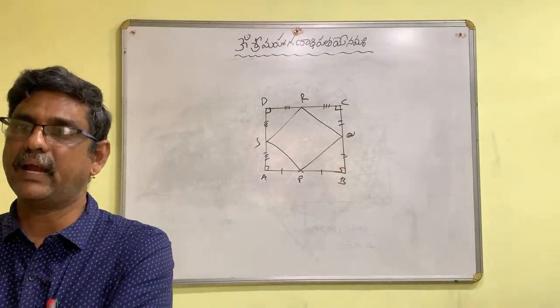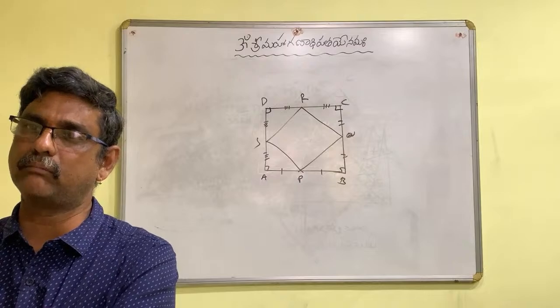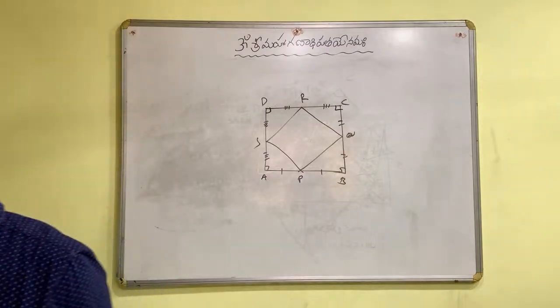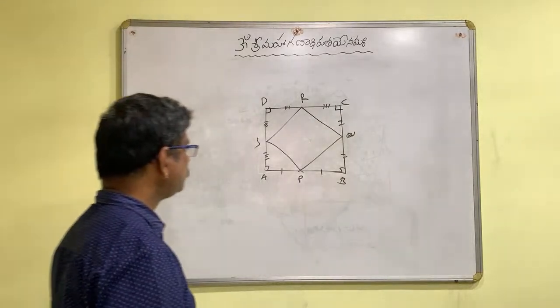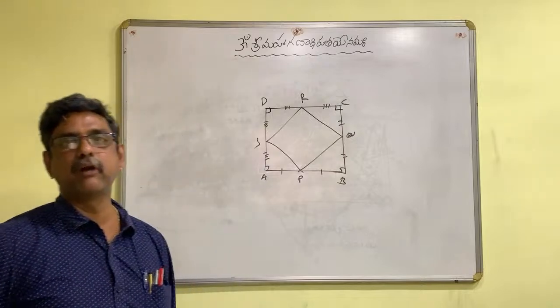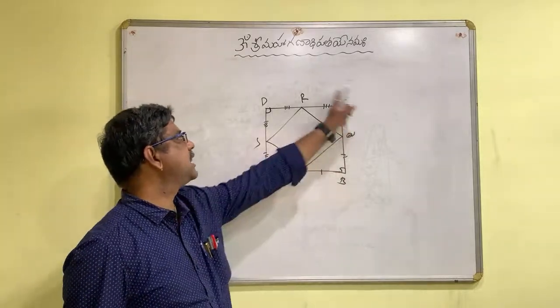A square is a parallelogram. Listen to me carefully. ABCD is a square.